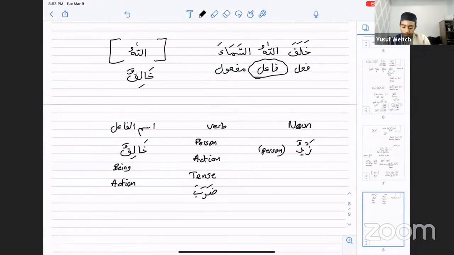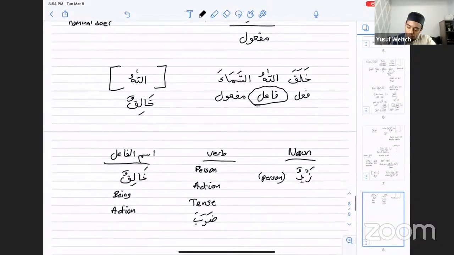Does that make sense? Yeah, that does make sense. So it's kind of like a special type of noun, whereas fa'il can be played by anything. It's just a role in a sentence. It's the subject of a verbal sentence, essentially. Yeah, it's like in between the two.